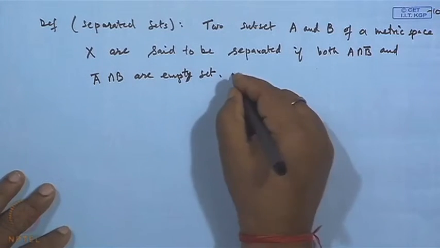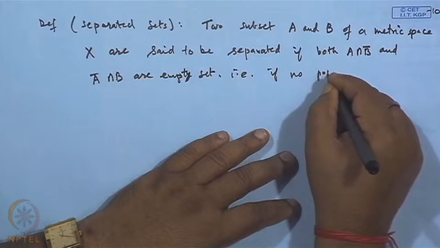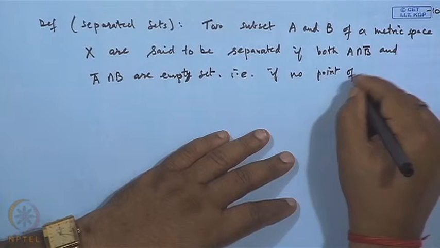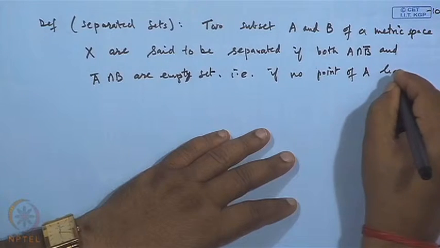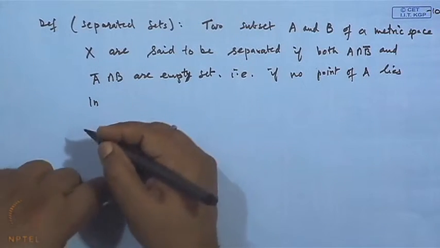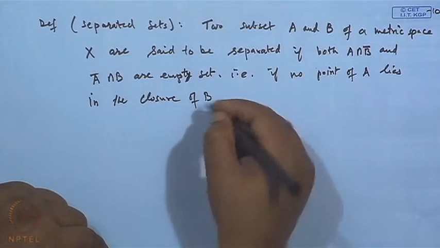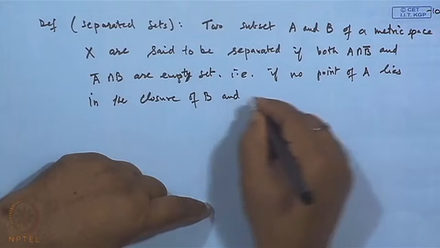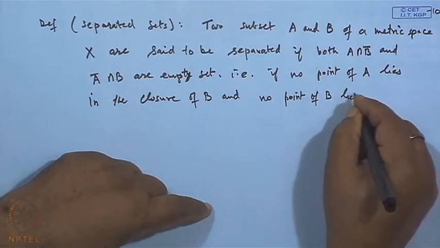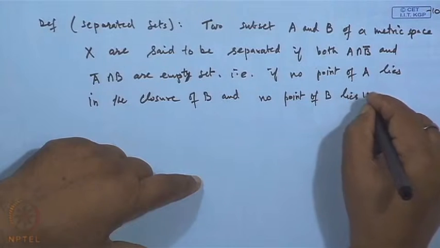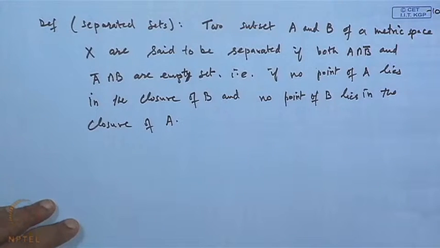It means that no point of A lies in the closure of B, and no point of B lies in the closure of A. Okay.